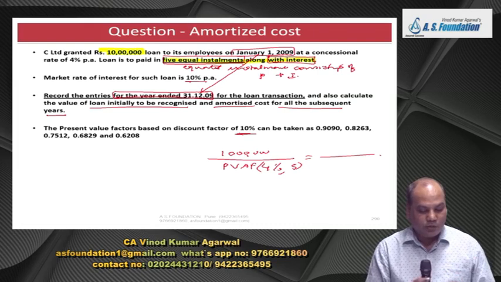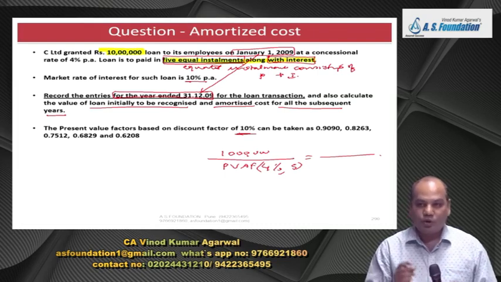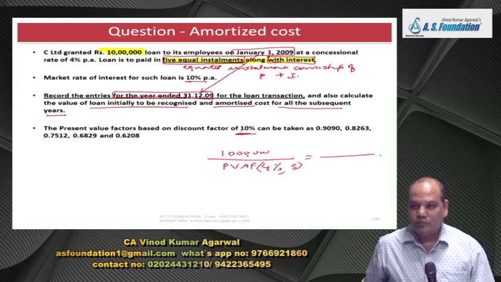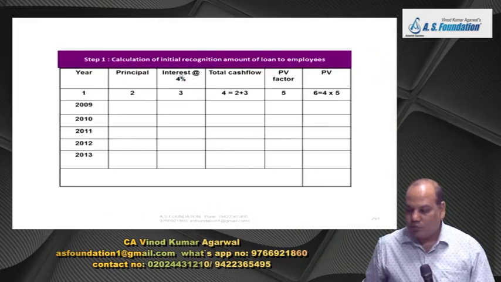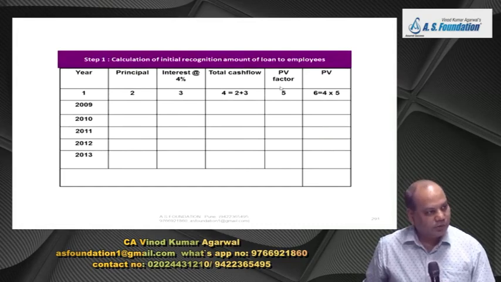So what will the student do? First you compute the fair value of the loan amount today. Calculate. Fair value of the loan will be the present value of future cash flow discounted at 10%. Is it right?